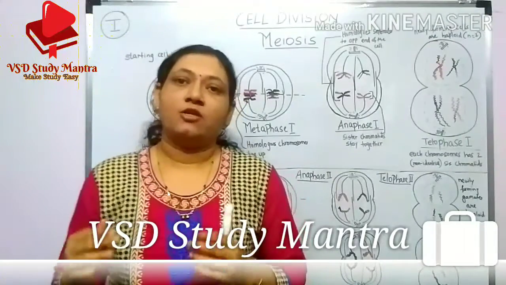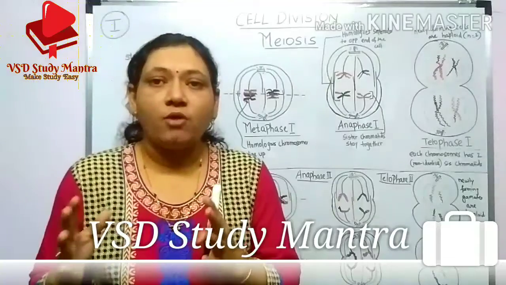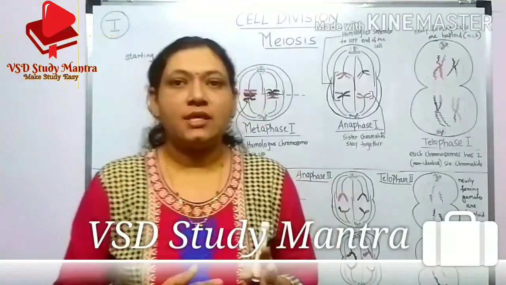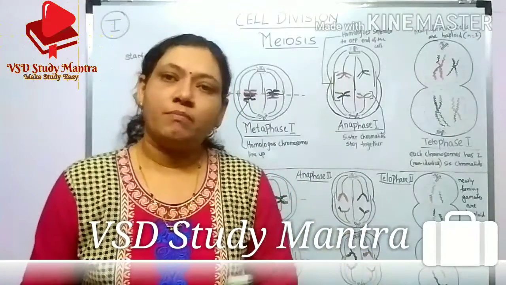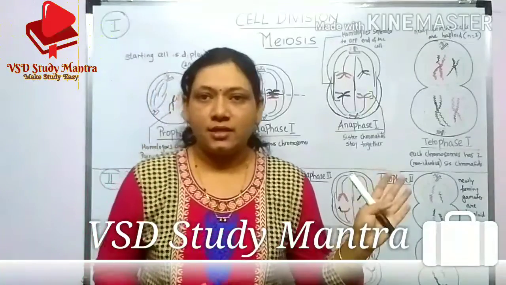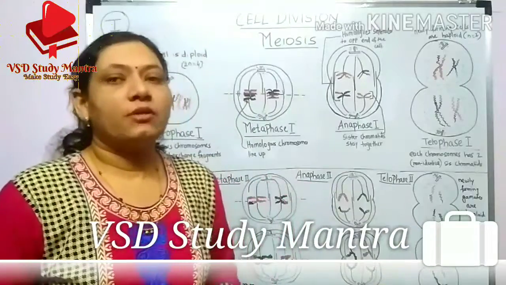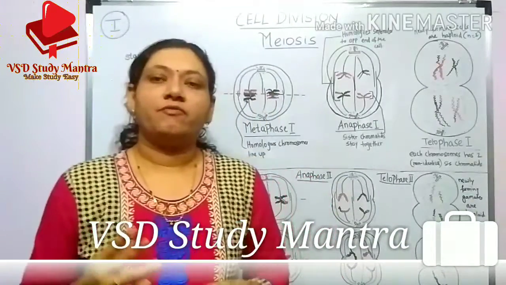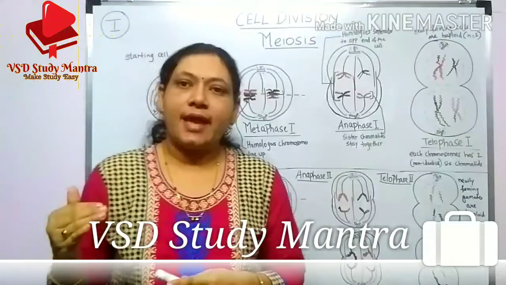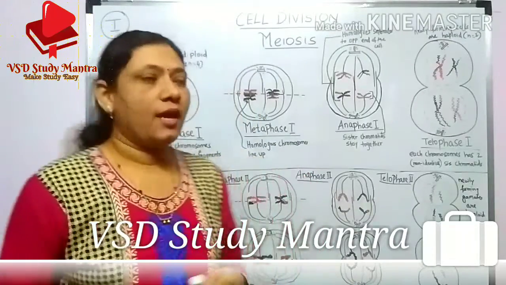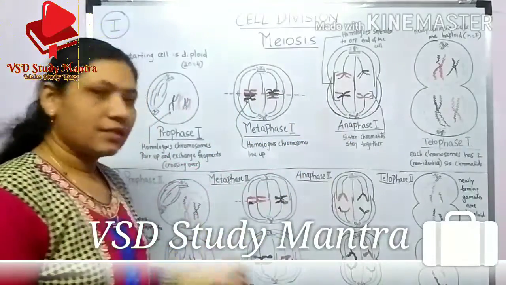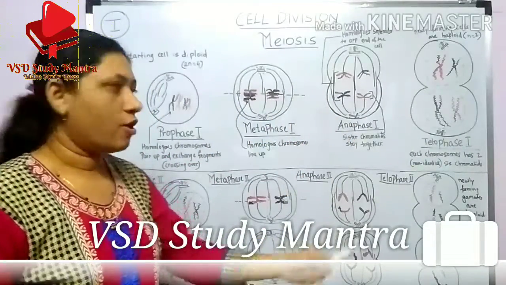How a new organism can be formed by meiosis can be understood through these stages. There are 2 cycles of meiosis, and the first cycle is just like mitosis. Here is the first cycle and this is the second cycle of meiosis.